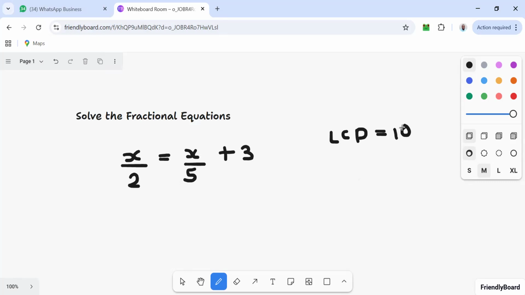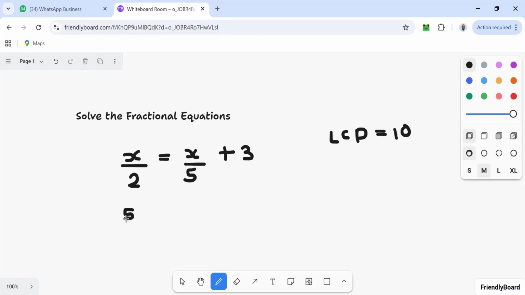Our lowest common denominator was 10. And in this case, it's also going to be 10. Then we are going to convert all the terms to equivalent fractions with denominators equal to 10, just like what we did on the previous question that we started with.